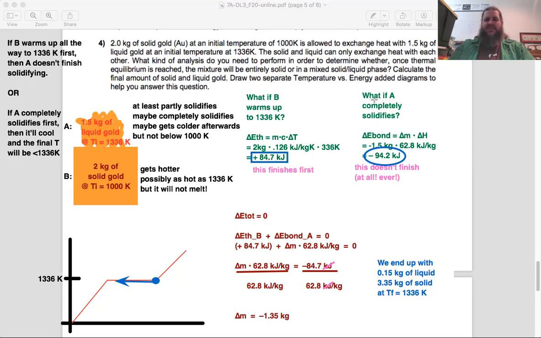And how much energy does it take for the other object to get to the next important critical point like that? And then just keep going one step at a time. It may take several steps until they meet in the middle. Like in some cases, there might be several phase changes involved, so it might take more steps than this, but the general process is the same. Compare one step at a time until they meet at some final temperature somewhere in between.